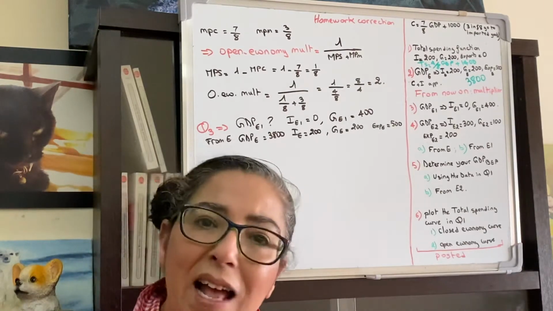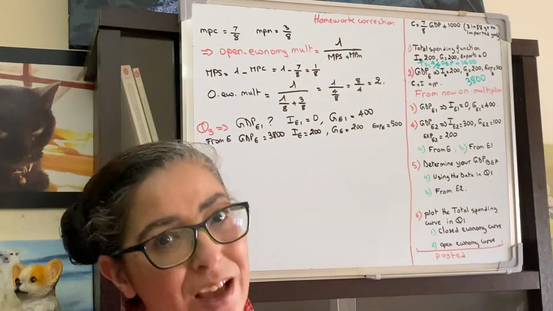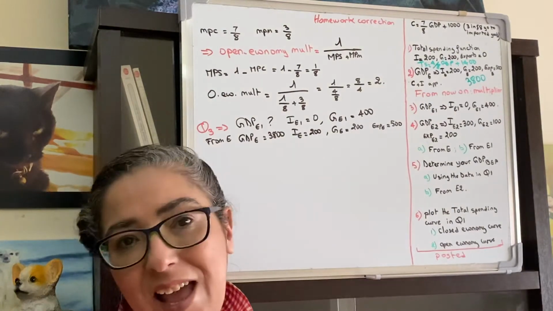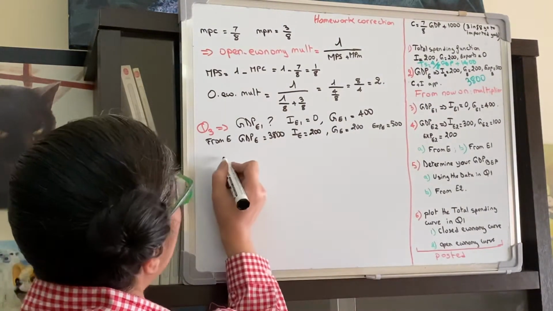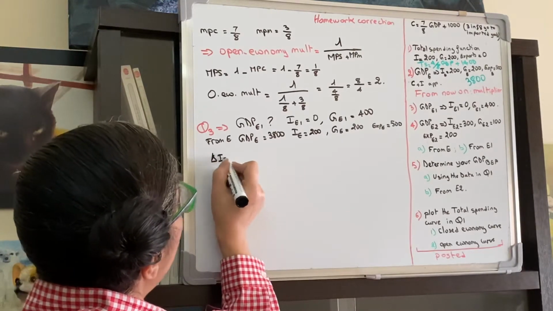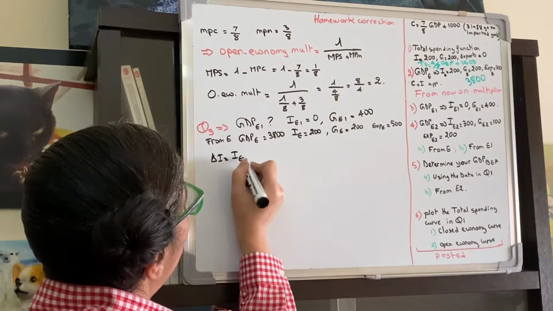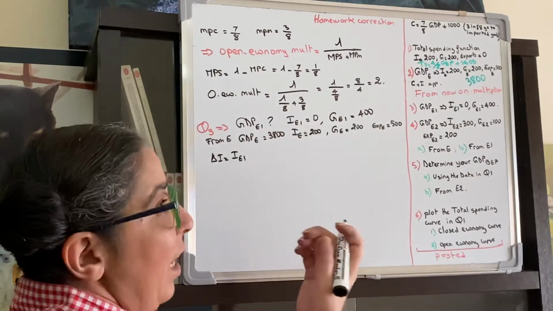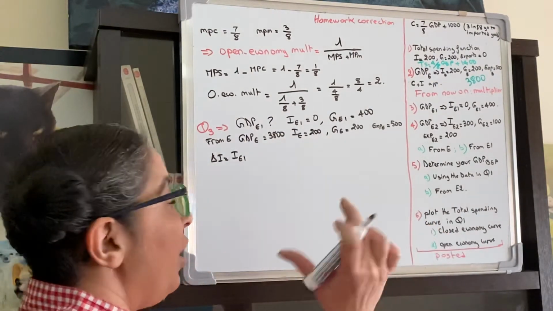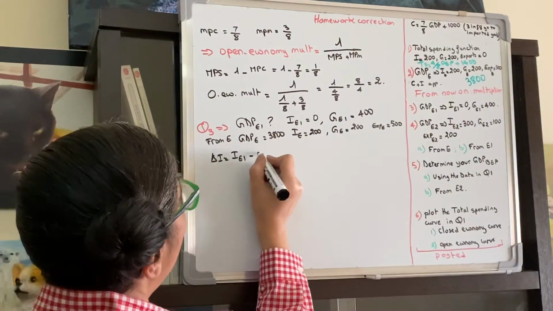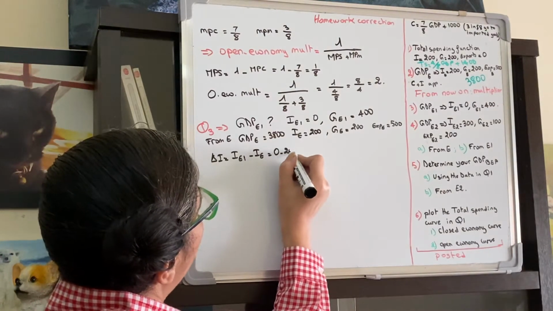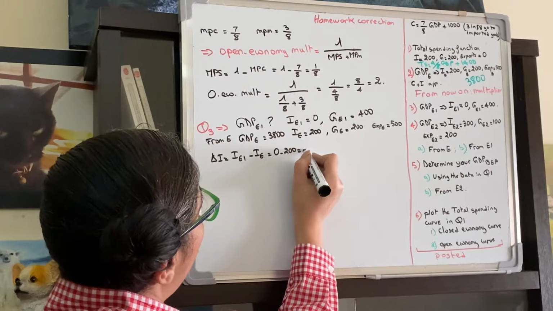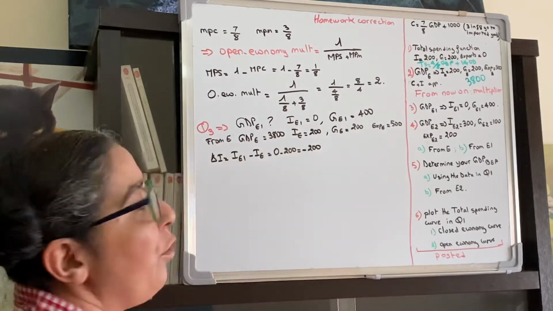So calculate the delta, then the effect of that delta, and finally the result. So I'm going to start. Delta I is equal to IE1, the new value, minus the old. That's going to give you the change. So IE1 minus IE, which is 0 minus 200, which is equal to negative 200.